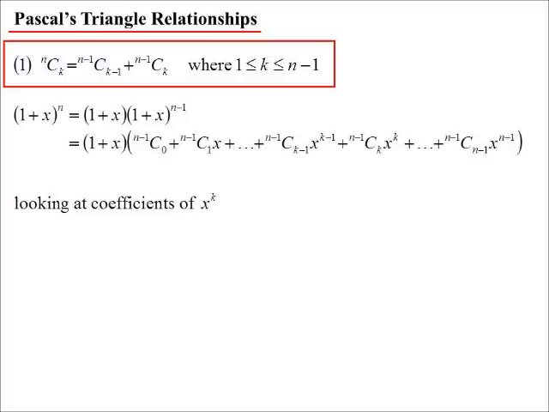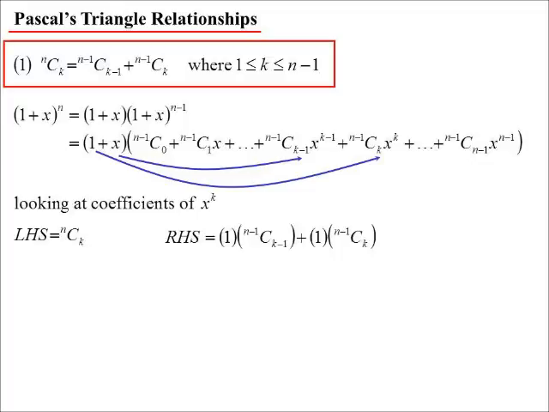So if I'm just looking at the coefficients of x to the power of k, well, in the left-hand side, I know it's just nCk. (1 plus x) to the power of n, we said our expansion would be nCk. The right-hand side, I'm going to multiply these ones together. Just interested in the coefficients, so I haven't bothered writing down the x.